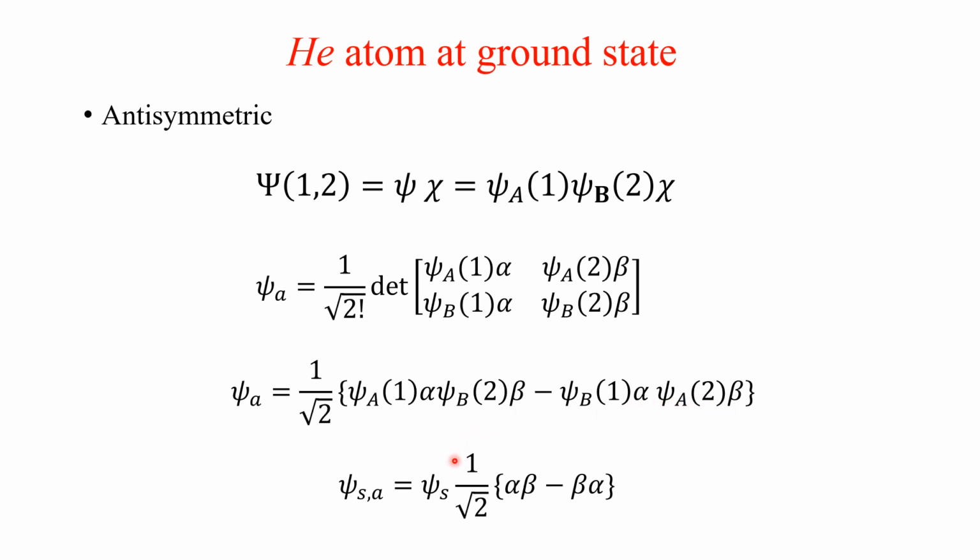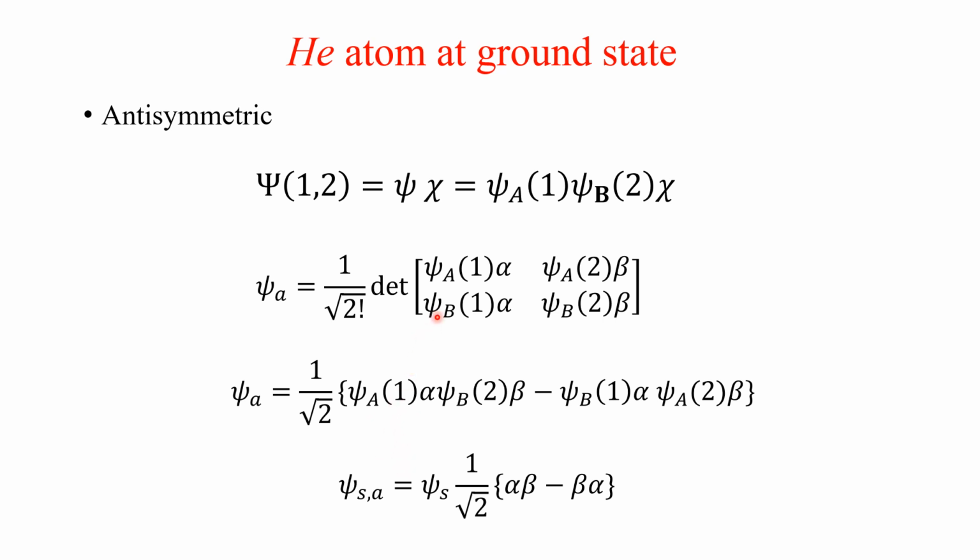Here I would like to highlight one important point. If the total wave function is antisymmetric, either the wave function part is symmetric and spin is antisymmetric, or the wave function is antisymmetric and spin is symmetric. Both cannot be antisymmetric.